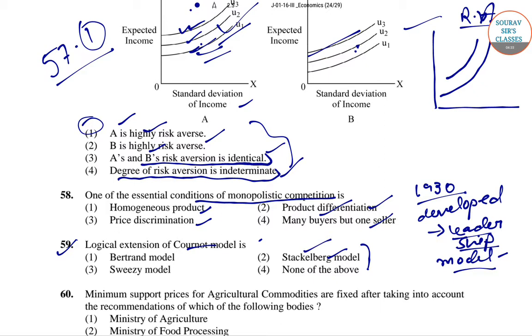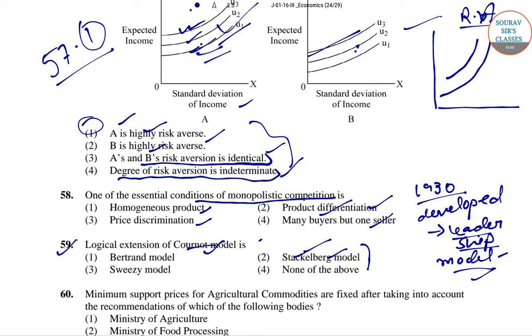Now what did he do? He basically assumed that one of the duopolists, say A, is sophisticated enough to play the role of leader and the other acts as follower. The leading duopolist firm A recognizes that its rival firm B has a definitive reaction function, which firm A uses in its own profit function and maximizes its profit. So we can state this for the Stackelberg model.